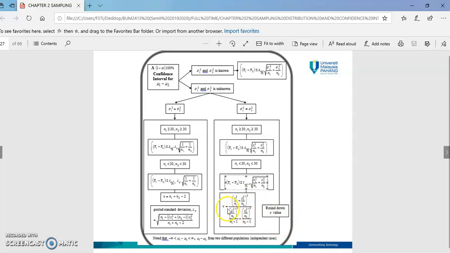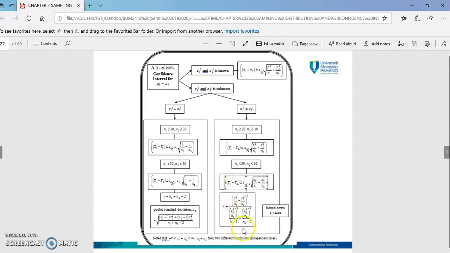For example, if you get nu as 14.9, when we round down it will be 14, not 15. 14.1 also rounds down to 14.